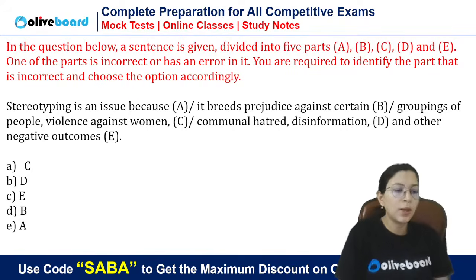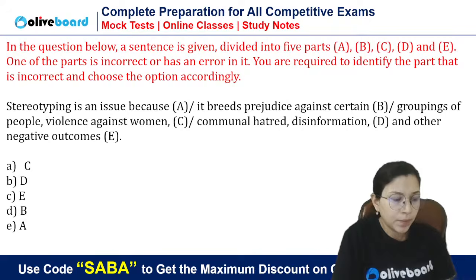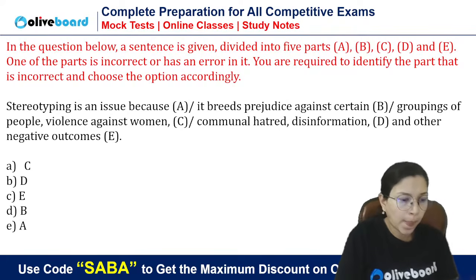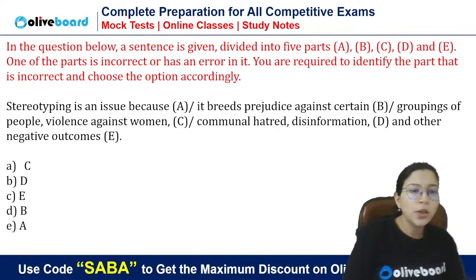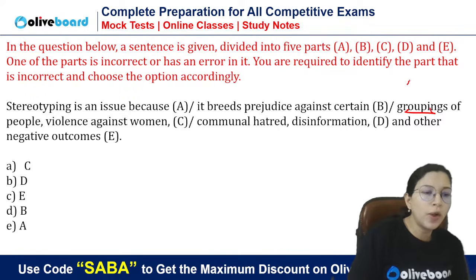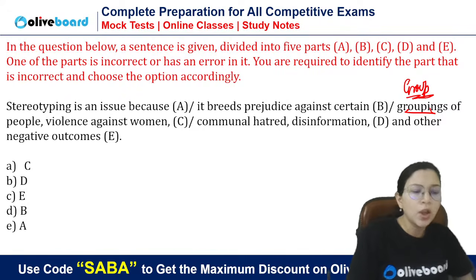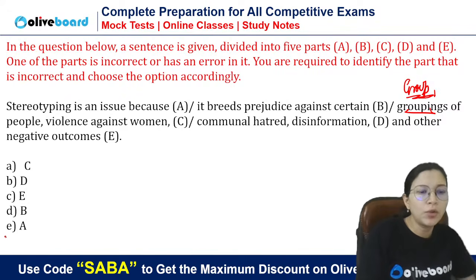The even number is not a multiple of 3. For even, Gaurav. AC. Now this is simple, groupings is not required because group is already a noun. Grouping we use to show something different. So group is a noun already, so we do not need another noun. So the error is in the C part, the answer will be AC.